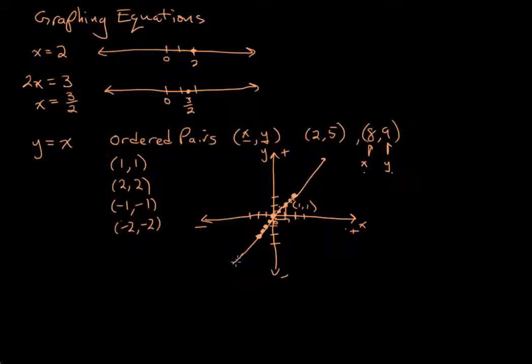All the points on this line where y equals x, those are the solutions to that equation. That's what we call the graph of the equation. This is the graph of y equals x.